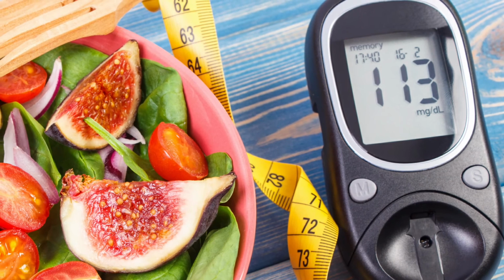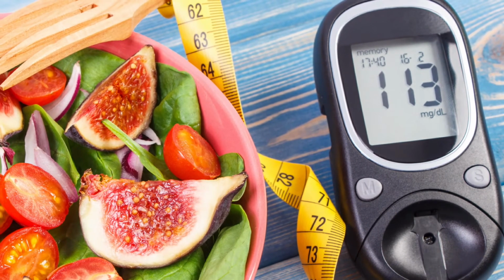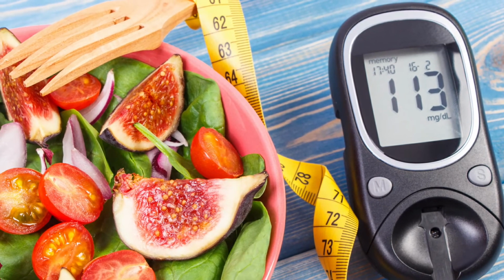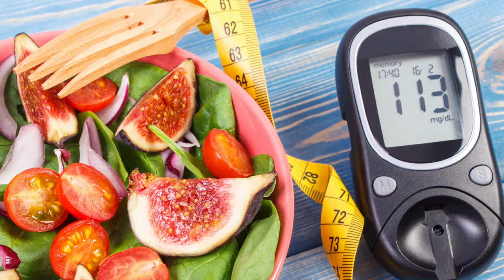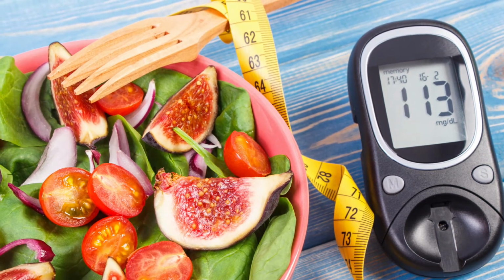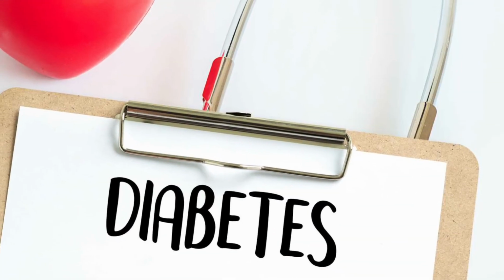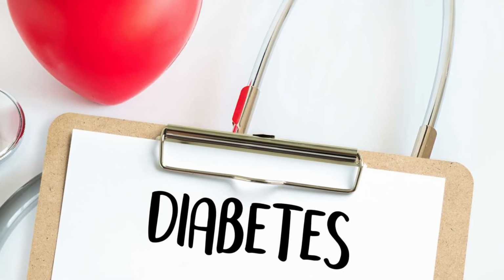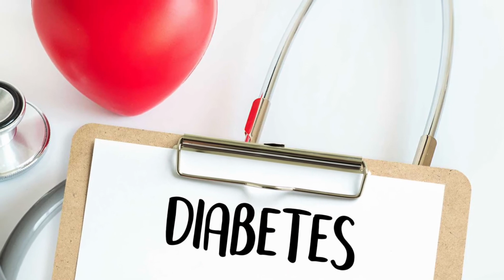Normal levels are below 5.7%, and a result between 5.7 and 6.4 is considered prediabetes. An A1C level of 6.5% or higher on two separate tests means you have diabetes.